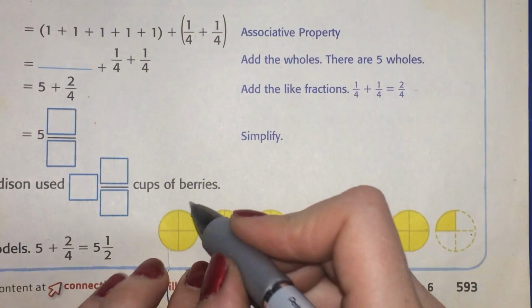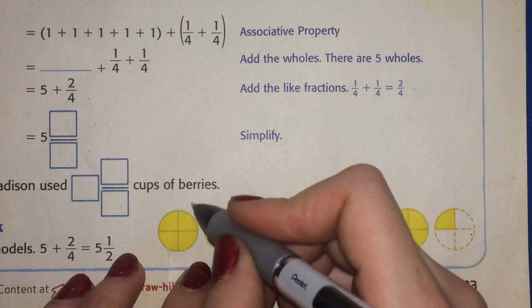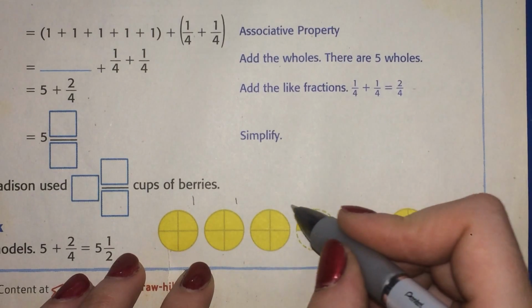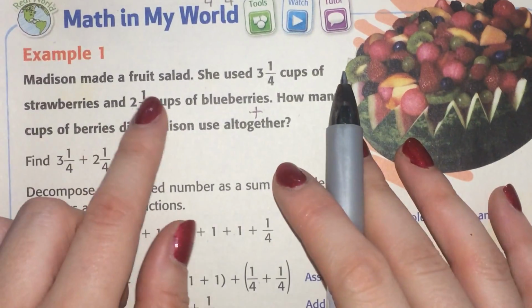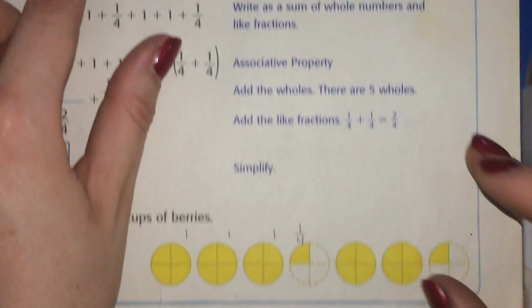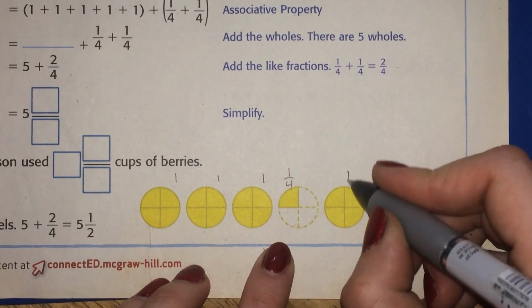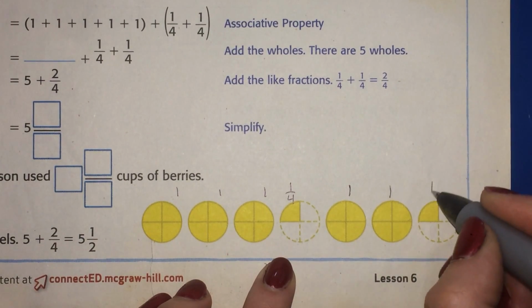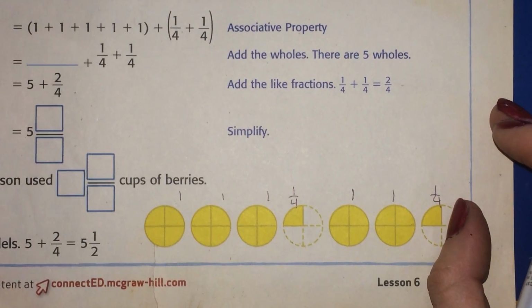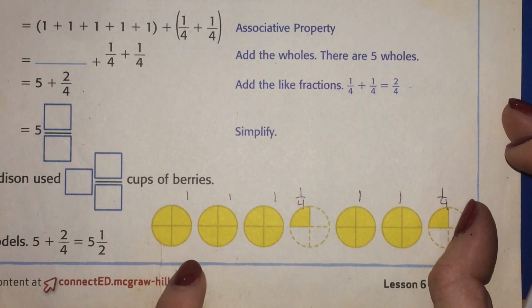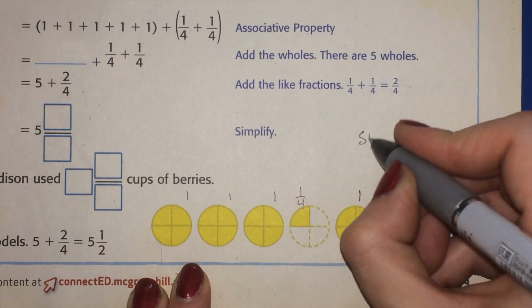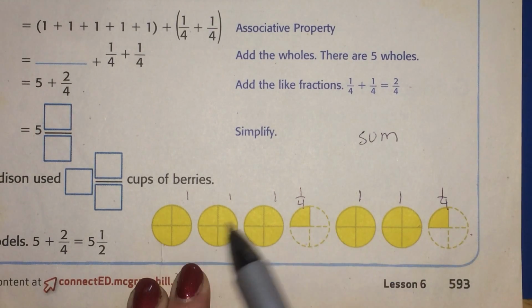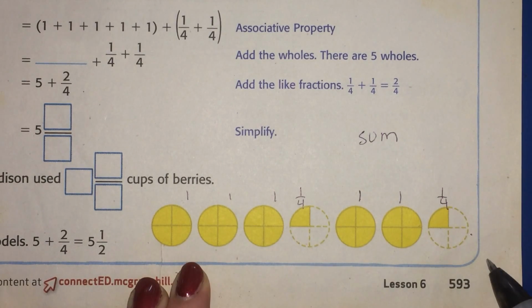3 1/4 plus 2 1/4. So you can see that the answer will be the sum of these parts.